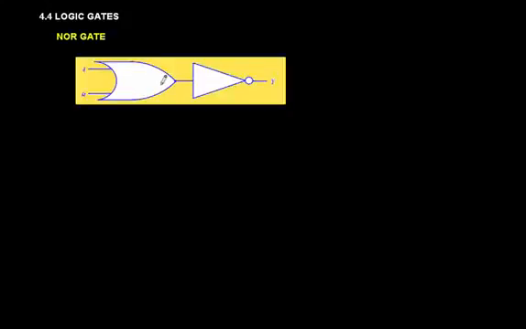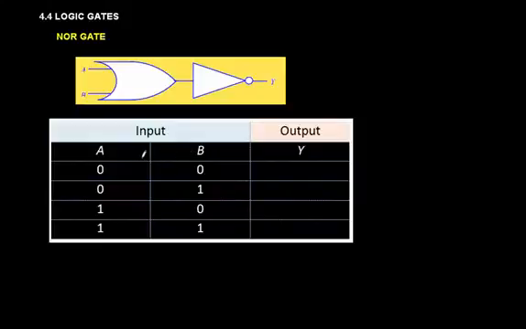Next, the NOR gate. This is an example of two gates acting as a NOR gate, that is an OR gate followed by the NOT gate. Let's see the result when both are 0. If 0, 0 is OR, it means it is 0 and NOT of that will be 1. So this will be a 1.